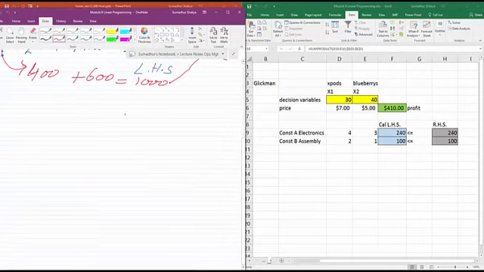What we've done so far is that we've found the decision variables x1 and x2. The value for this x1 is 30 and 40. Now this is coming from the spreadsheet.